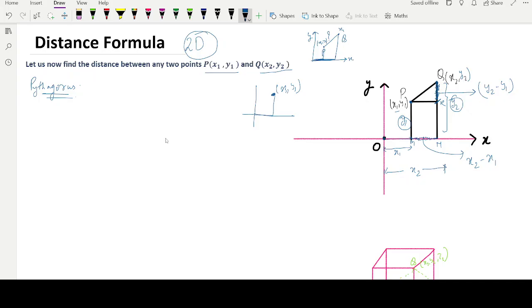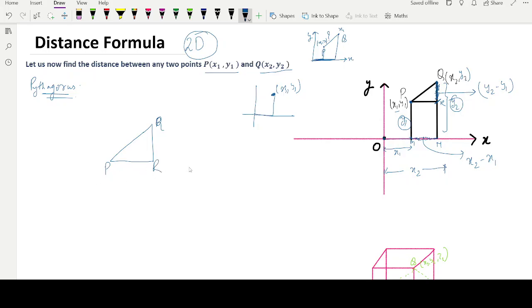Now let's consider triangle PQR. Sorry for the overwriting.